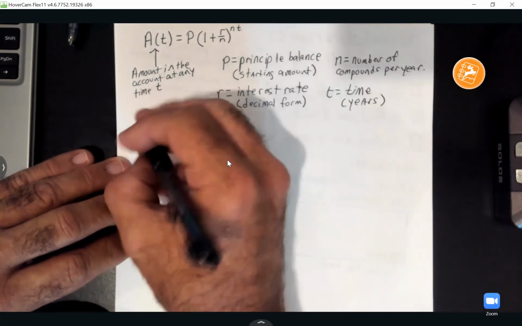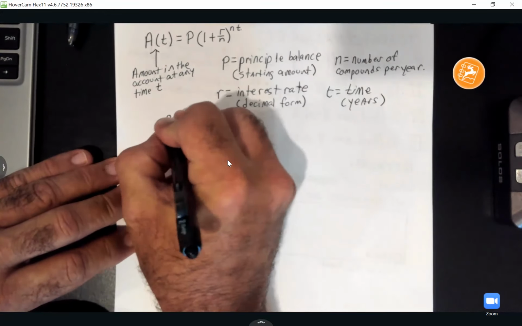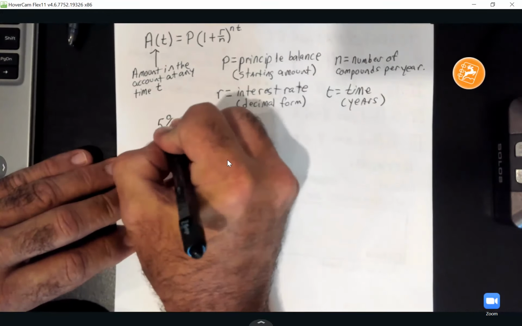If I had something like 5%, what would 5% be in decimal form? 0.05. Good job. So basically, you just move the decimal left twice and get rid of that percent, okay? Then we'll play with some of these in a little bit. So that's the formula we're going to play with.